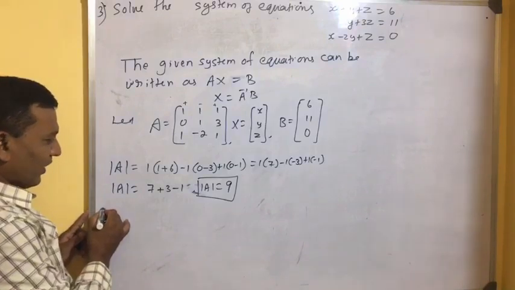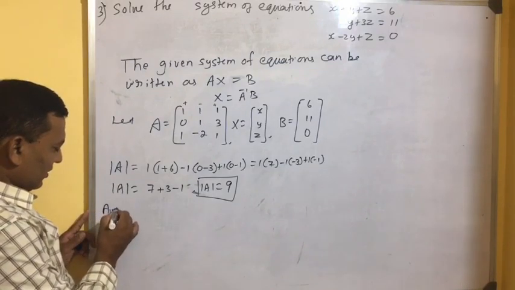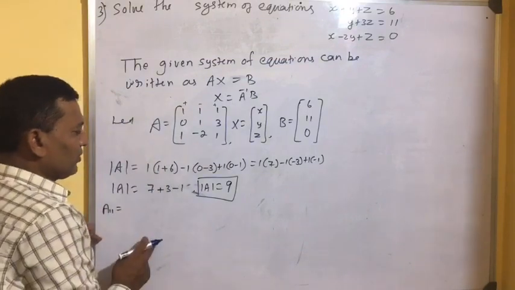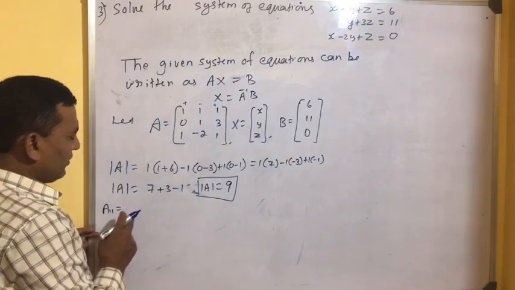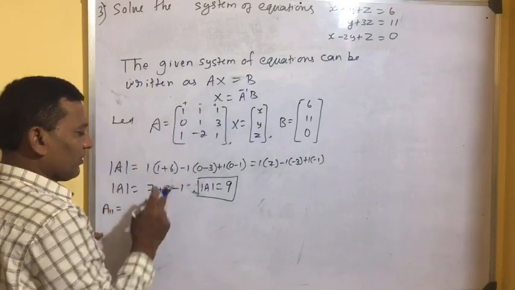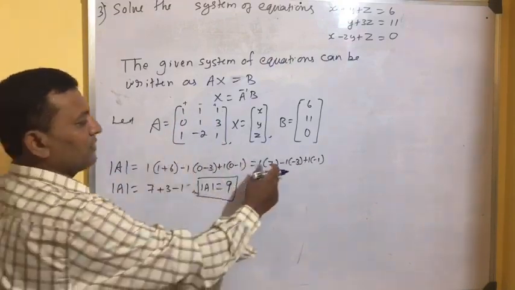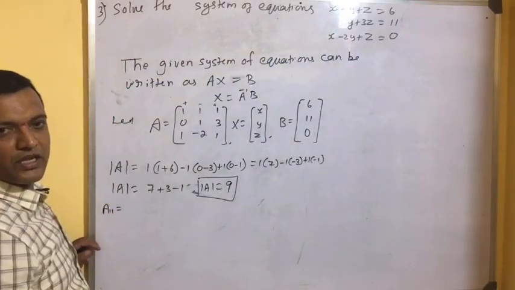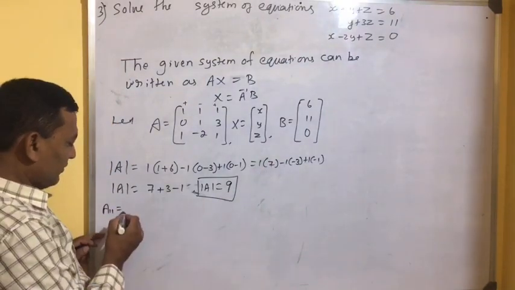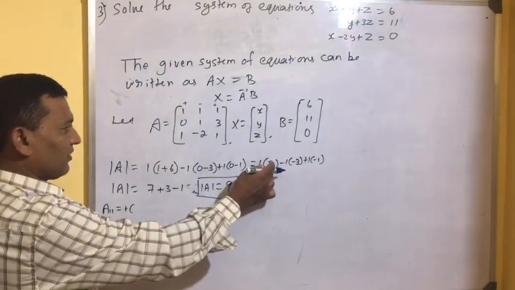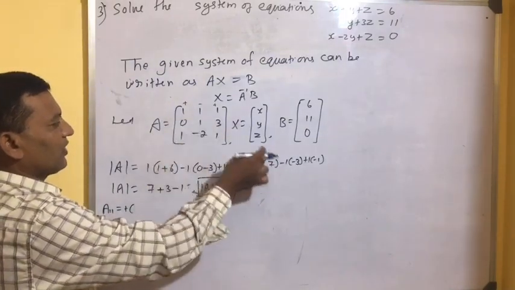Now we have to find the cofactors. See here, when I was finding the determinant itself, I expanded from the first row. So I have found the minors of the first 3 elements, and if I just apply the sign, I will get the cofactors. For the first one it is plus sign, and the minor is 7, because when you leave this row and column, what we get is 7.